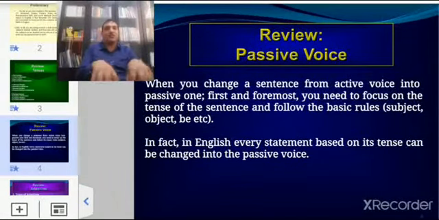His father drops him off to school. We can say he is. See, here we are using the verb to be, whereas in the active voice there is no verb to be. So it is combined. He is dropped by his father to school.